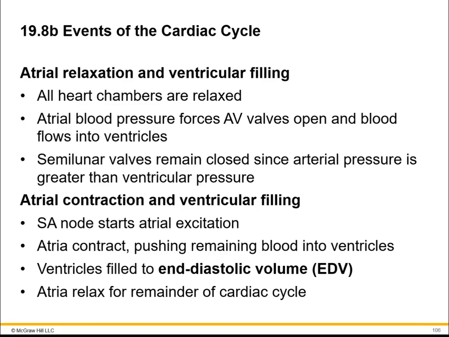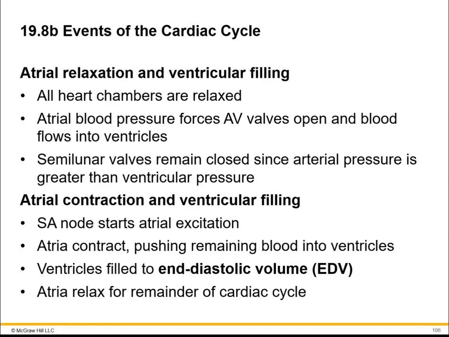Next, you're going to go into atrial contraction and ventricular filling. So the SA node starts an atrial excitation. The atria then contract, and this is going to push what blood remains in them into the ventricles. The ventricles get filled to their end diastolic volume. This is really important.